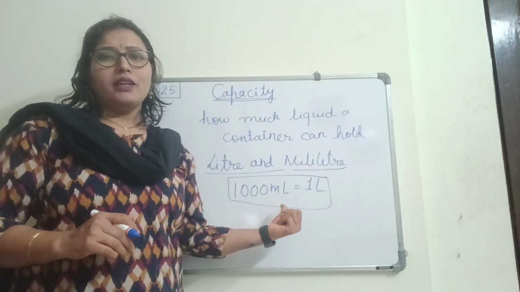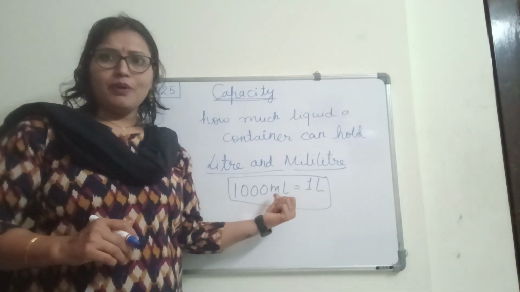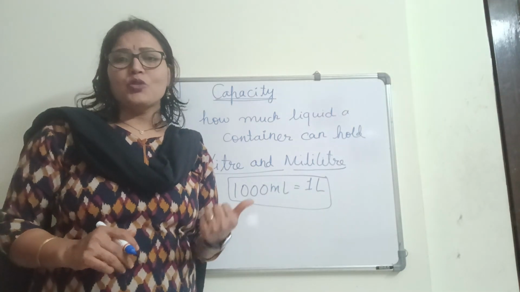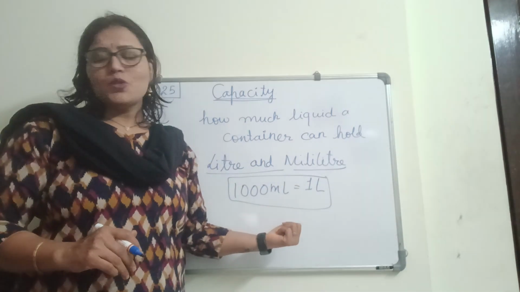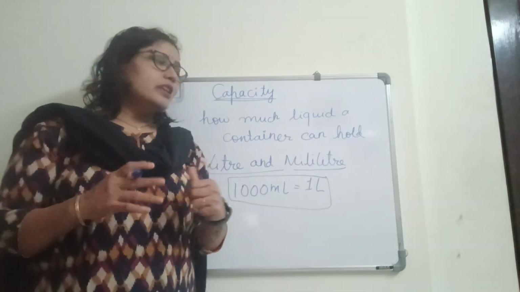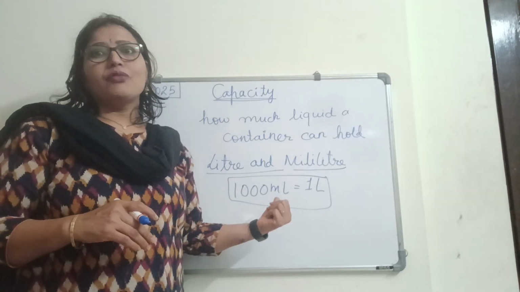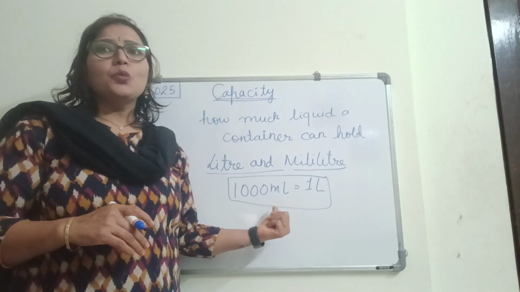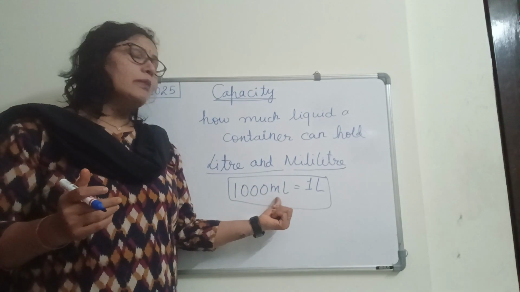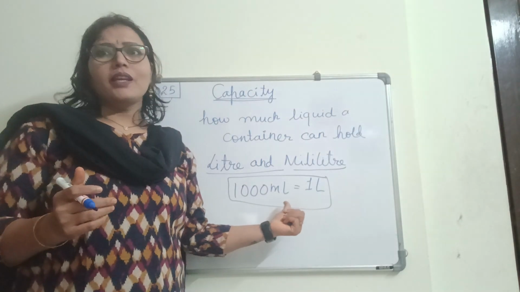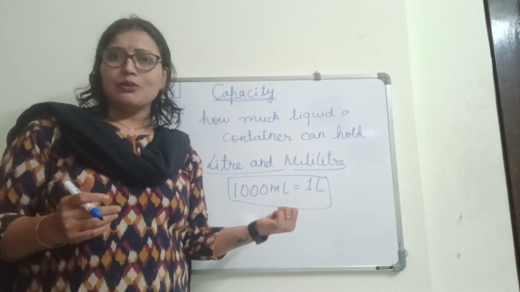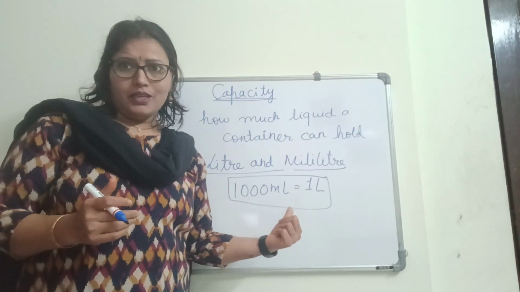When we divide this into 1000 parts, the whole we call 1 liter. So 1 liter is equal to 1000 milliliter. This is the standard formula we use when we are doing the conversion between milliliter and liter, to see how to convert milliliter into liter.